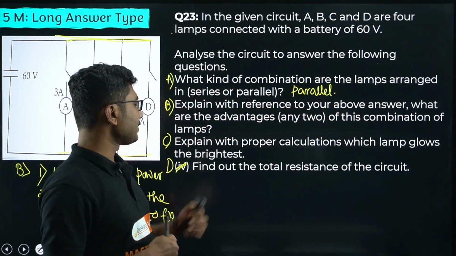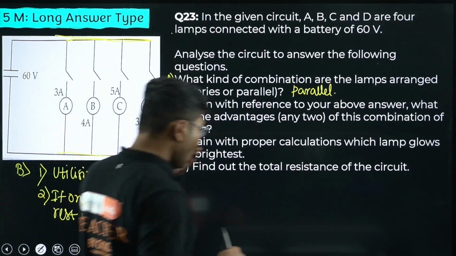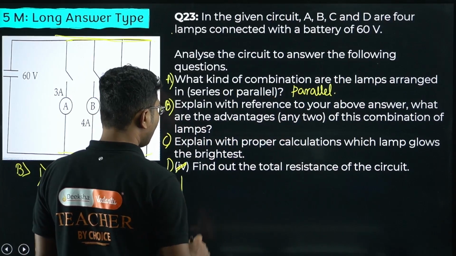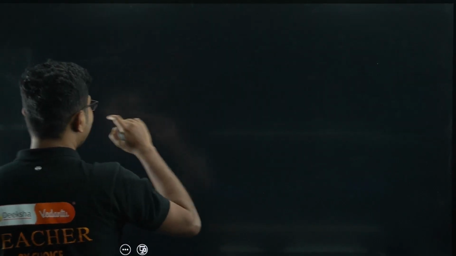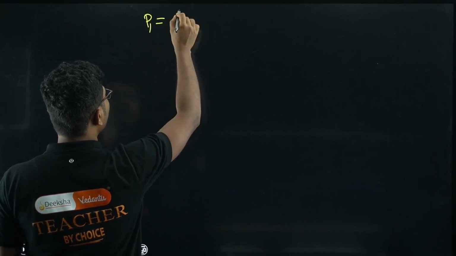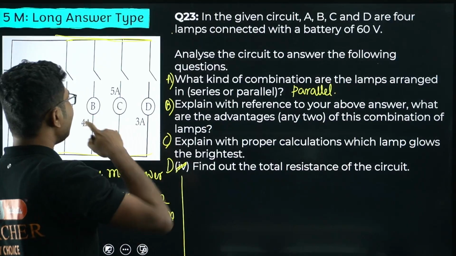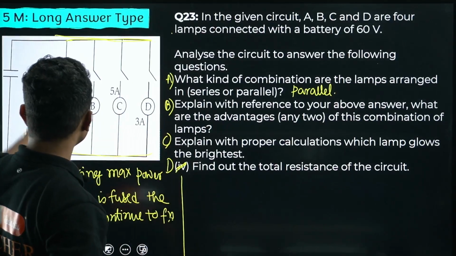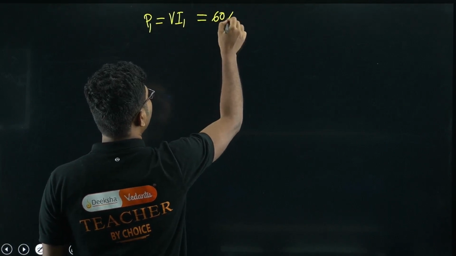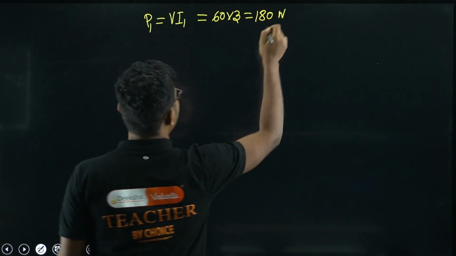Next is explain with proper calculations which lamp glows the brightest. To show which lamp glows the brightest, we first have to calculate the power. So P1 is equal to VI1. V is 60 volt, I is 3 ampere, so P1 is 60 times 3, that is 180 watt.